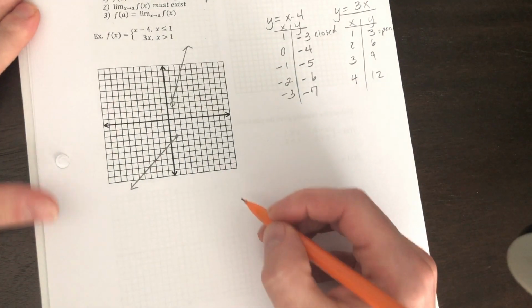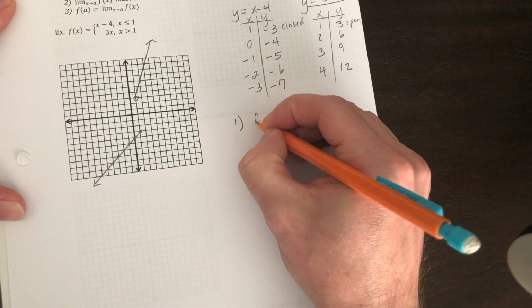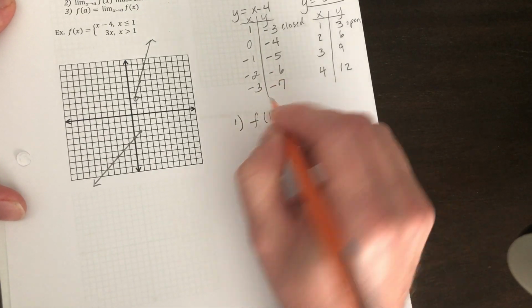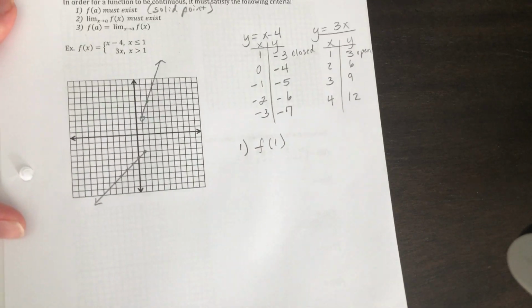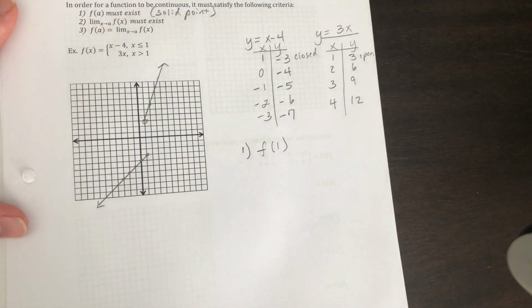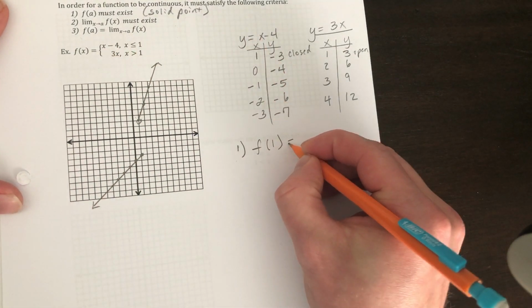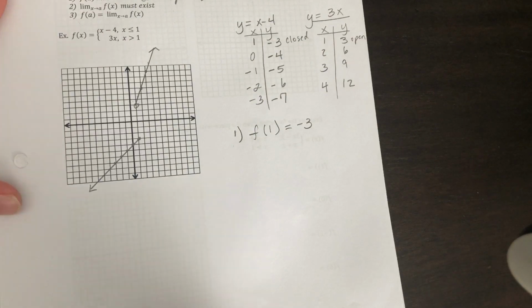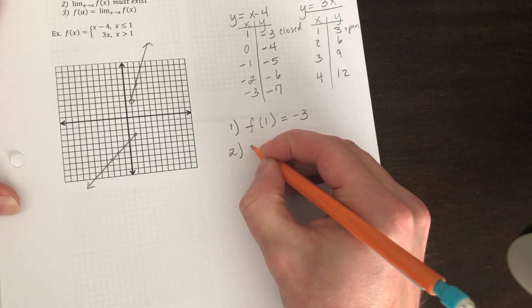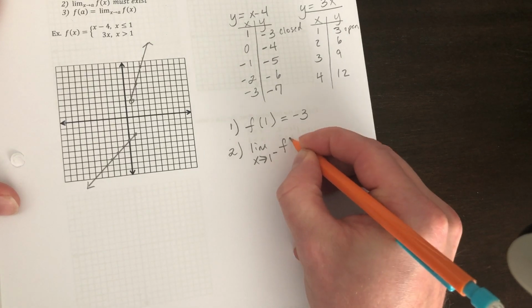Okay. So our first step is f of a must exist. So f of 1. So we usually prove continuity at the points over here. So whatever your boundaries are. So f of 1. 1 minus 4 is equal to a negative 3. Okay? Second step. The limit as x approaches 1 from the negative side.